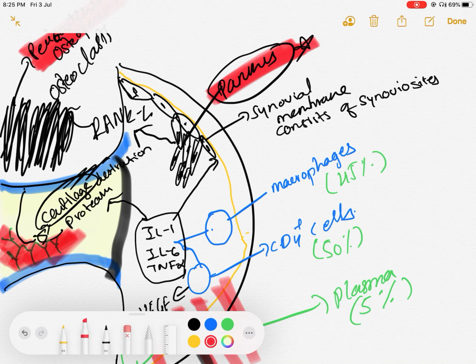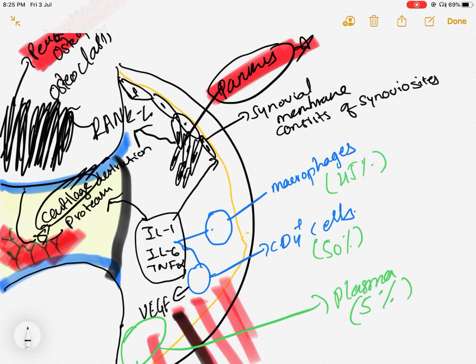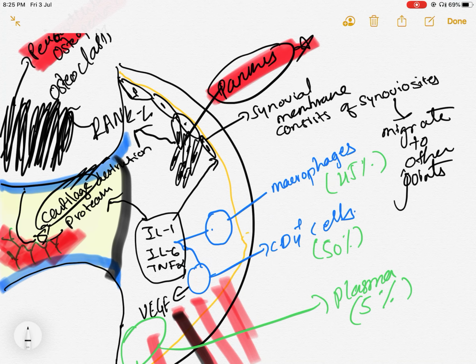Now, one more important point which I did not mention is that these synoviocytes, once they are inflamed, migrate to the other joint. Meaning, if the wrist joint is involved, then the synoviocytes of one wrist joint migrate to the other wrist joint, resulting in symmetrical arthritis.